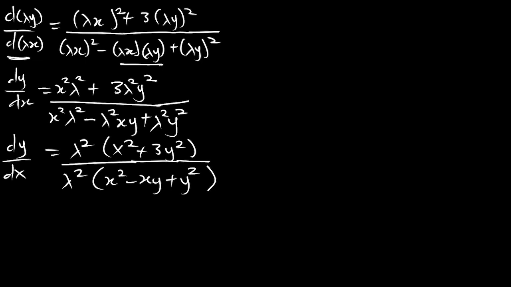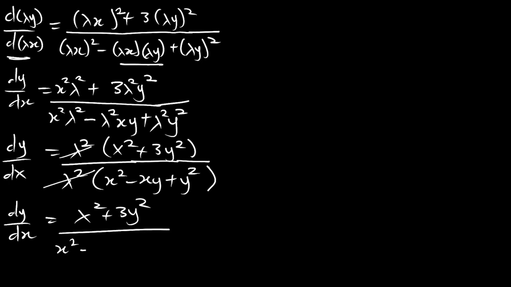So they cancel out to give us dy on dx equal to x squared plus 3y squared on x squared minus xy plus y squared. Are we okay? So this is back to the original equation, therefore the equation is homogeneous.